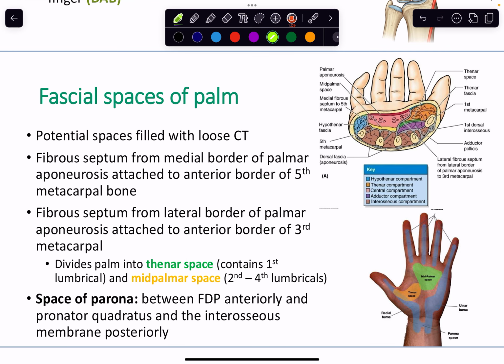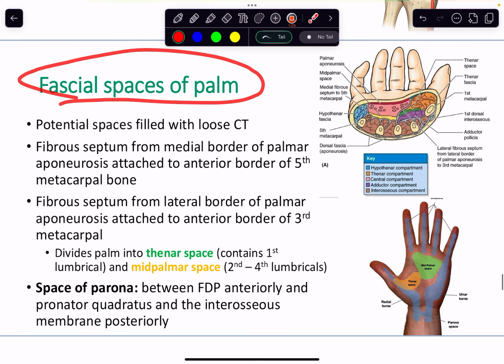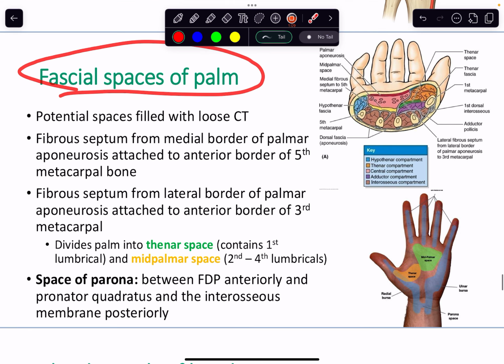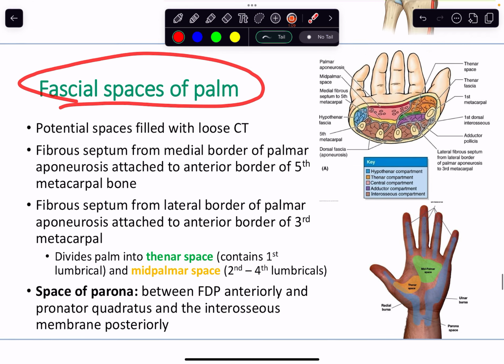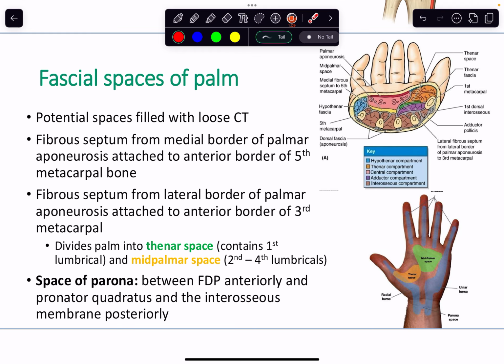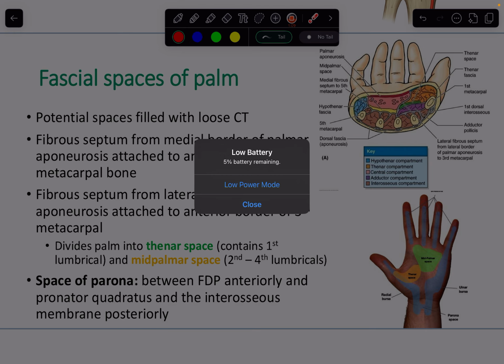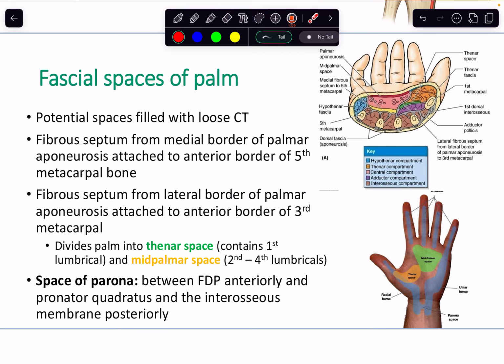God has made this very typical. Hand is a very skilled structure. Very fine movement is there. Many muscles, small muscles, long muscles, right? So God has made the compartments of the upper limb: arm and forearm. This hand, palm area, is also compartmentalized. Why?